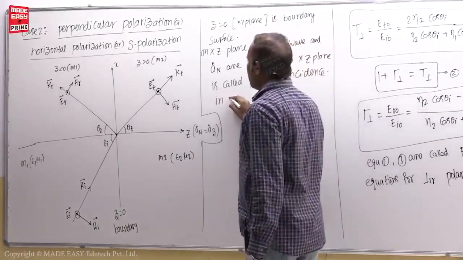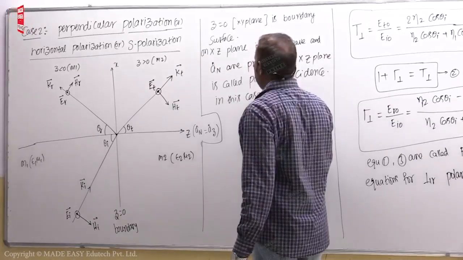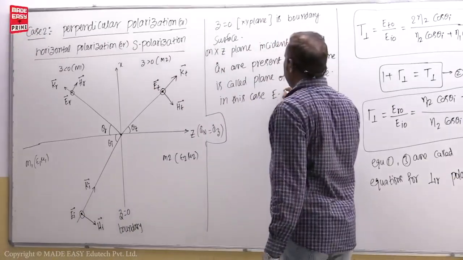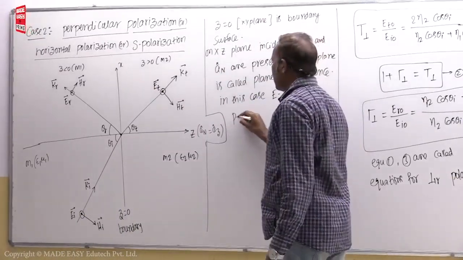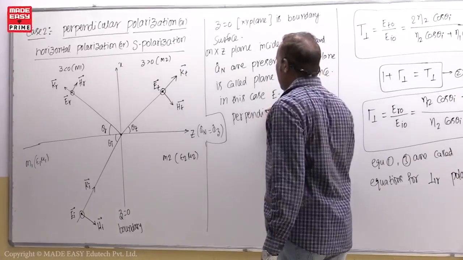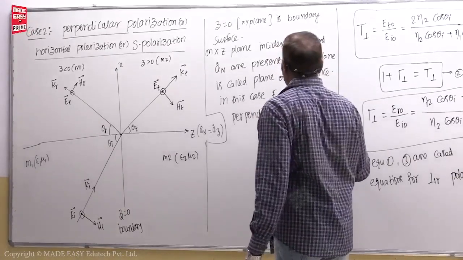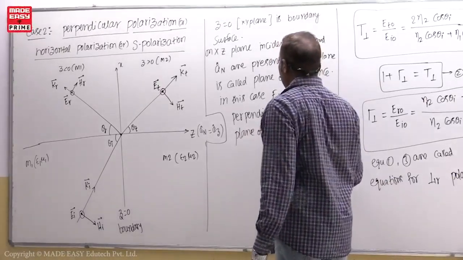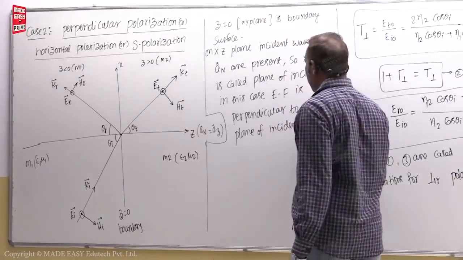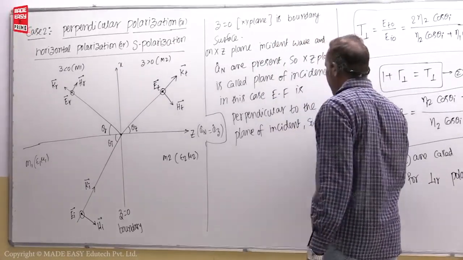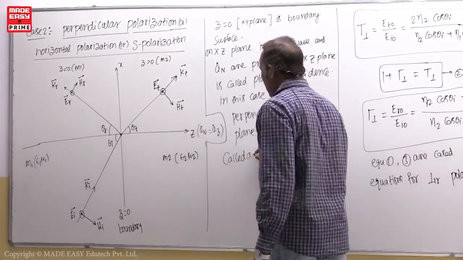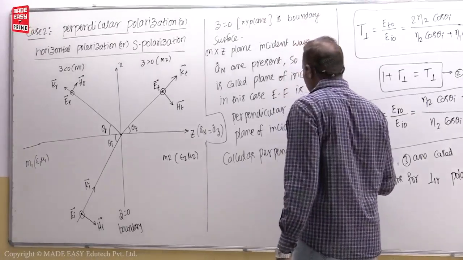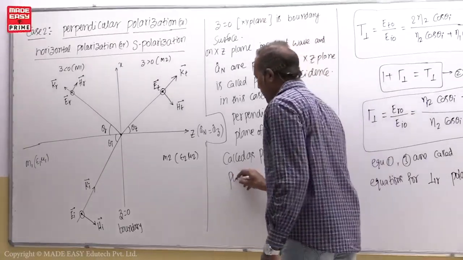In this case, here, the electric field is perpendicular to the plane of incidence. So it is called perpendicular polarization.